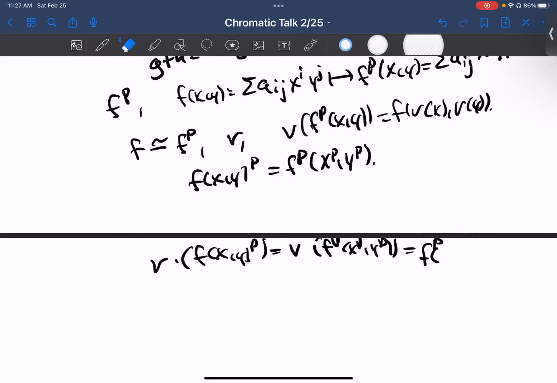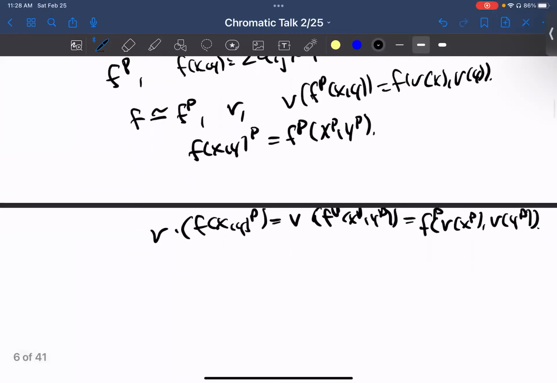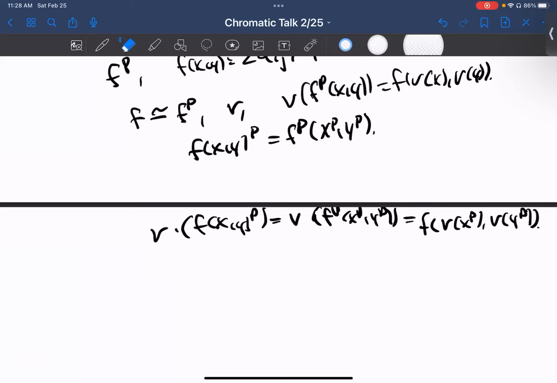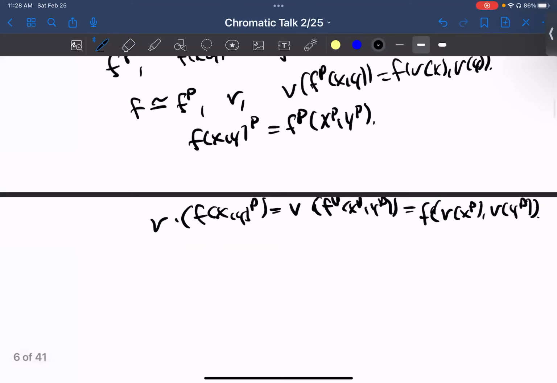Yeah, it should be nu, not nu inverse. Okay, sorry. So the last one should just be f, not f to the p. Yeah, f of nu of x to the p, nu of y to the p.